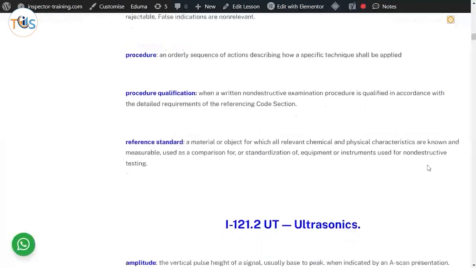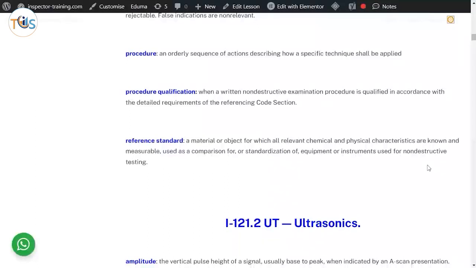Reference standard is the construction code. For example, ASME Section 8 is the construction code for pressure vessels, or ASME B31.3 is the construction code for piping, and it tells what the qualification of NDE personnel should be.